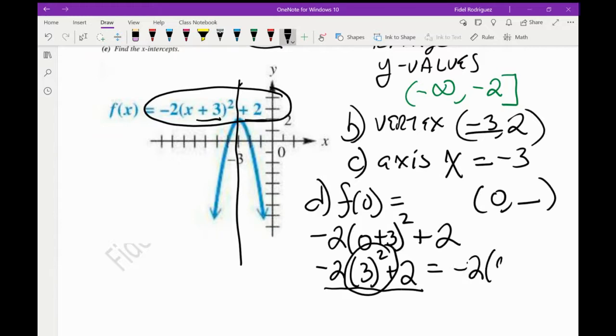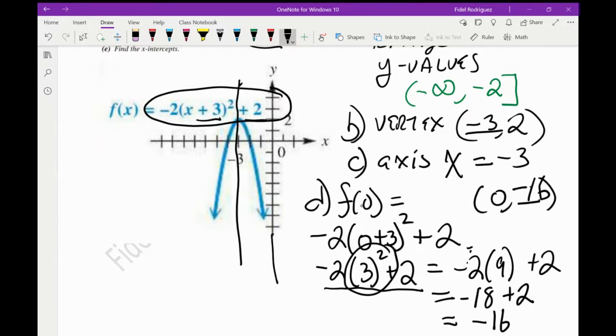So this is -2 times 9 plus 2. Now I multiply the -2 and the 9, and that gives me -18 plus 2, which is -16. So there's my y-intercept, right? It's going to hit all the way down here at wherever -16 is. That's where the graph is going to cross through.